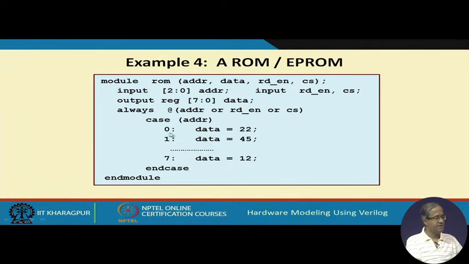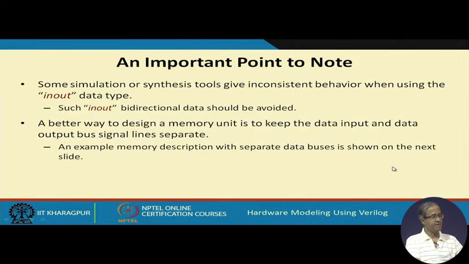So, if you have given address equal to 0, data equal to 22, if it is 1, data equal to 45, and so on. There will be 8 lines like this. So, this is how you typically model a ROM or an EEPROM, where you do not change the data, data is fixed, that is why you are using a fixed case statement, right.